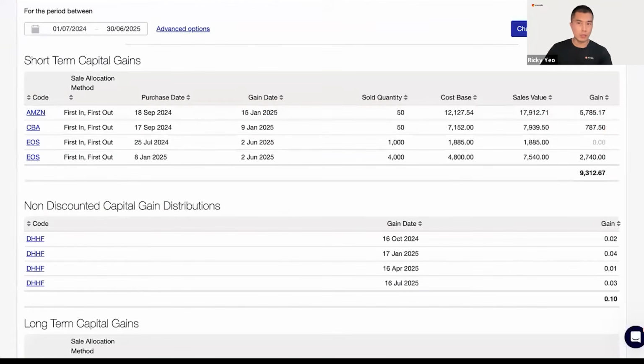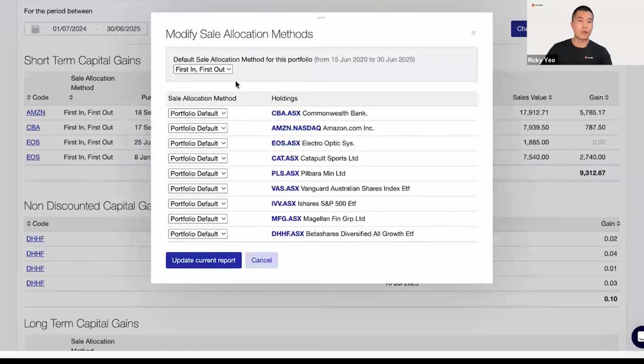Another thing you can do is the sell allocation methods. This is applicable if you have multiple buys and multiple sells. Sharesight by default uses the FIFO method, first in, first out. If you sell your shares, Sharesight picks from the first buy parcel, followed by the second and third buy parcels in that sequence.